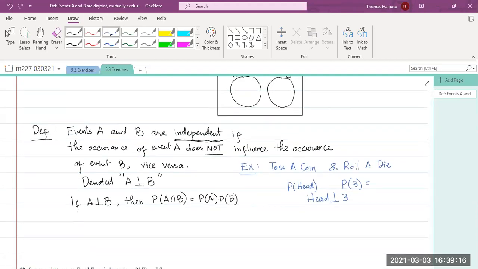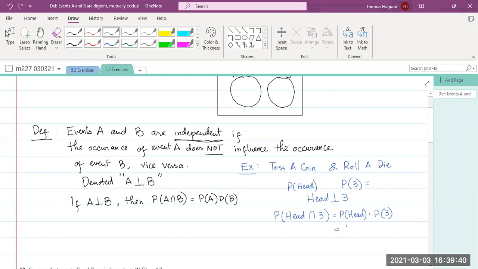Okay, so going back to this example, then what is the probability you get a head when you toss a coin, and at the same time you get a 3 when you roll a die, presuming both of them fair coin and fair die? Then that's equal to probability of getting a head multiplied by probability of getting a 3.